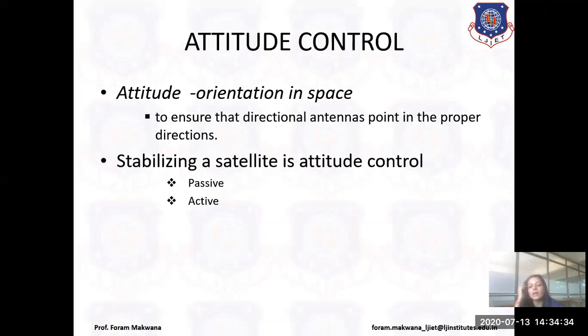Why? Because our satellite is continuously rotating while our transmitter or receiver on the earth is fixed. So we have to make sure our satellite's antenna is always pointing towards our earth station antenna. That's why we have to stabilize the satellite, which has two methods. First one is passive, second one is active.